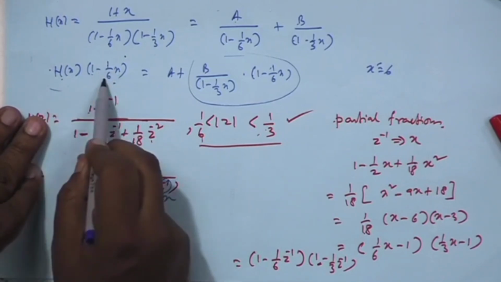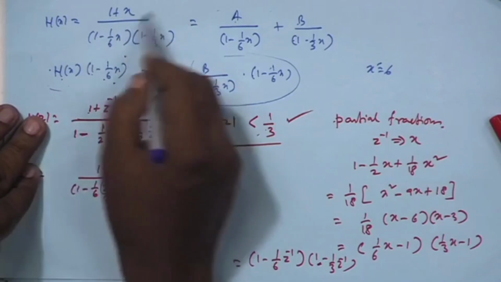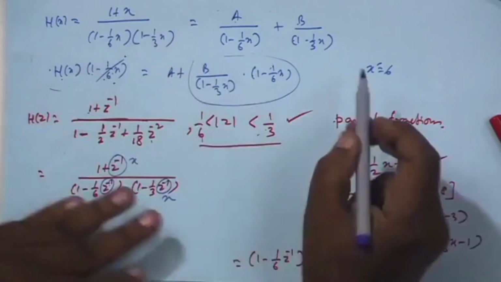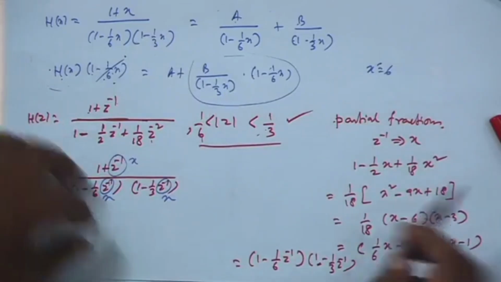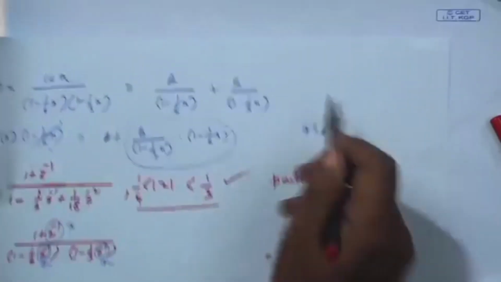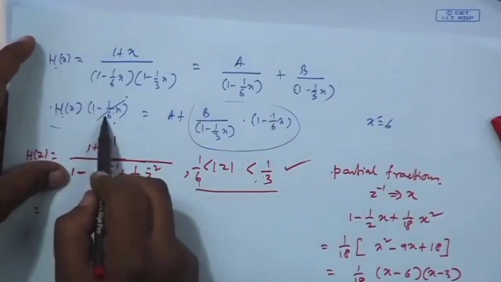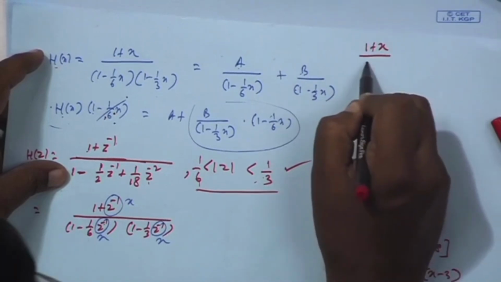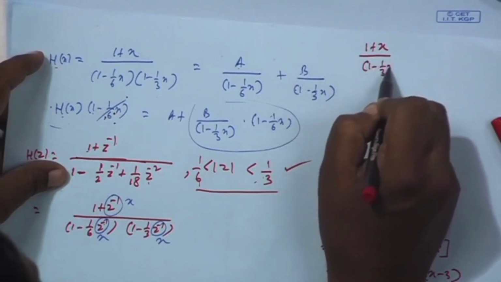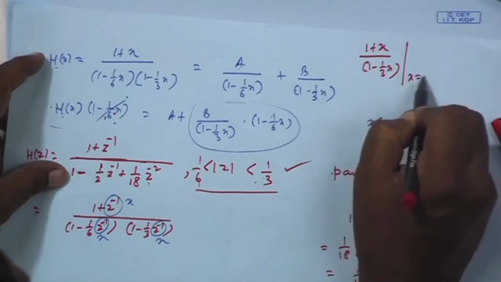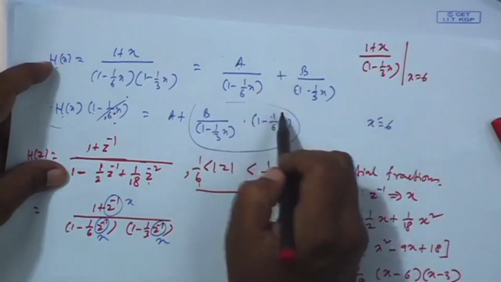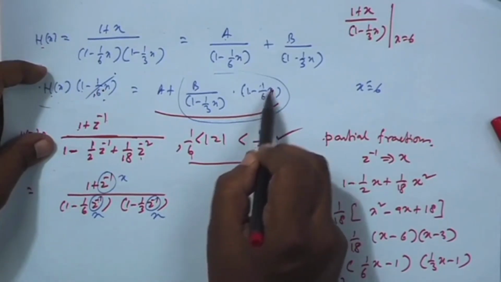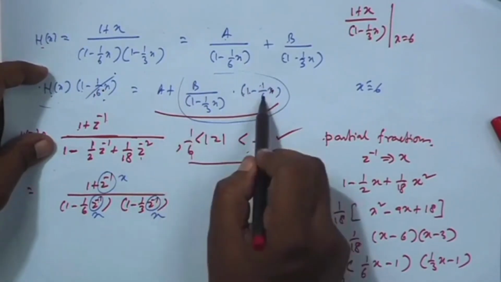If I multiply H(x) by this factor, it will cancel the denominator factor, right. So, what I will be left with is 1 plus x by 1 minus 1 by 3 x. Here I will be replacing x equal to 1 by 6, because on the right hand side I am replacing x equal to 1 by 6. This part goes, I am left with A.